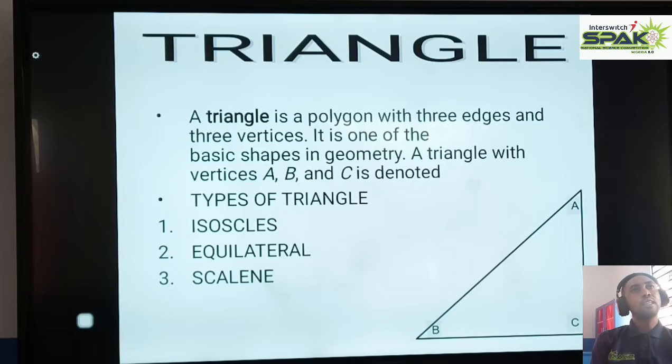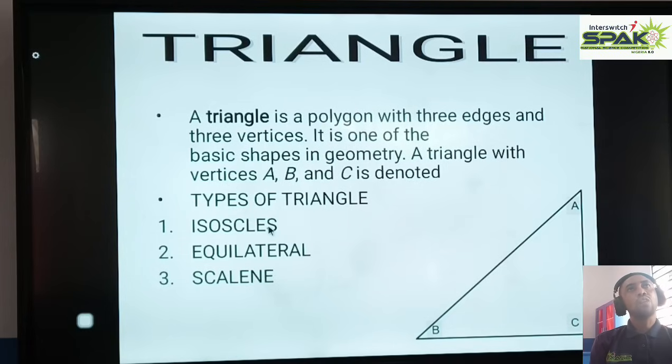But basically, we have 3 types of the triangle. The first one is isosceles triangle. The second is equilateral triangle. And the third is scalene triangle. So what is isosceles triangle? Isosceles triangle is a triangle where 2 sides are equal.